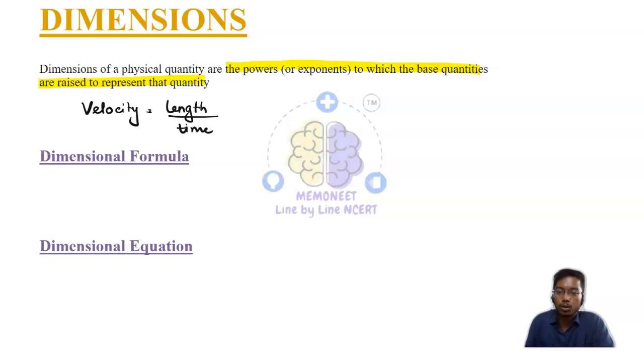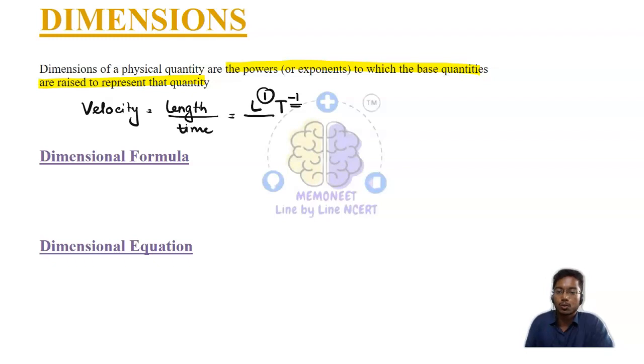The power of length here is L to the power 1, and the power of time is T to the power minus 1. Minus 1 is the dimension of time in velocity.